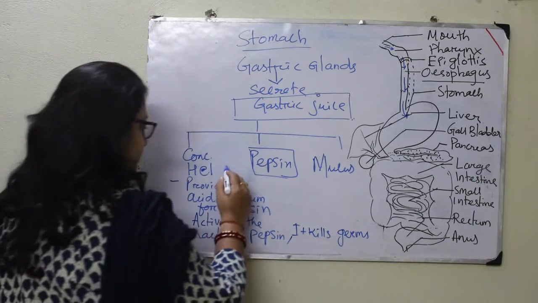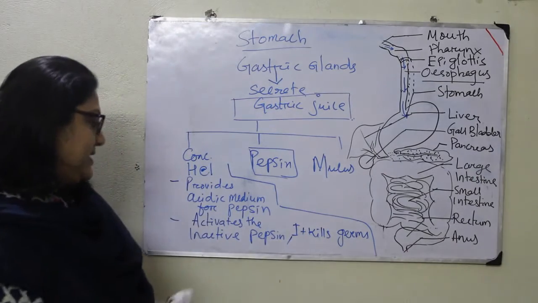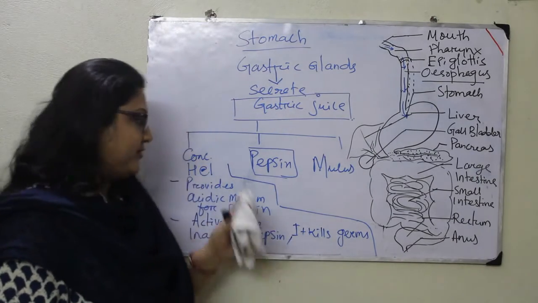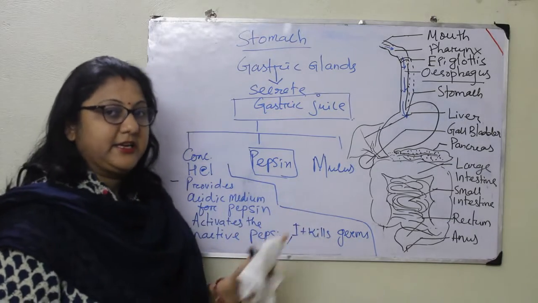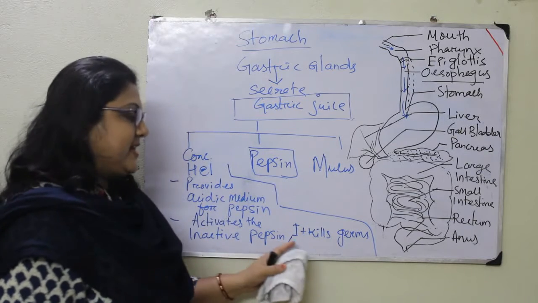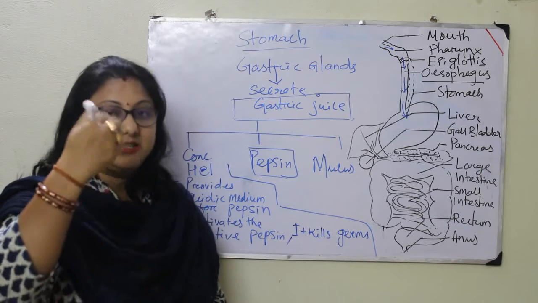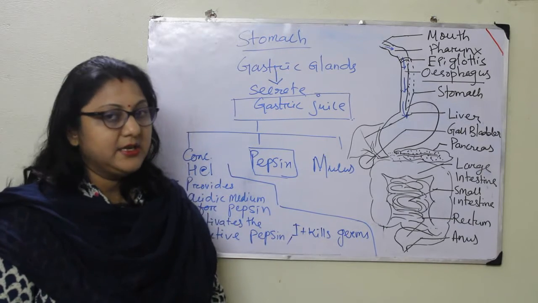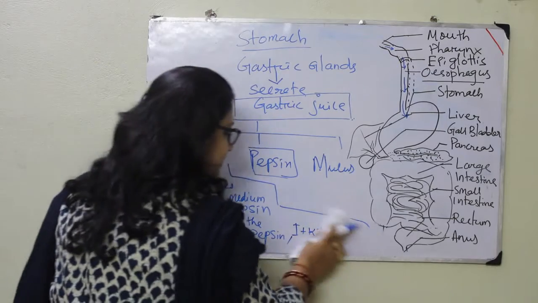Clear? So these are the roles of hydrochloric acid. It provides acidic medium for the pepsin. It activates the inactive pepsin and converts it into active pepsin, and apart from that, it kills the germs which are present in the stomach or which have entered through food into the stomach. Clear?